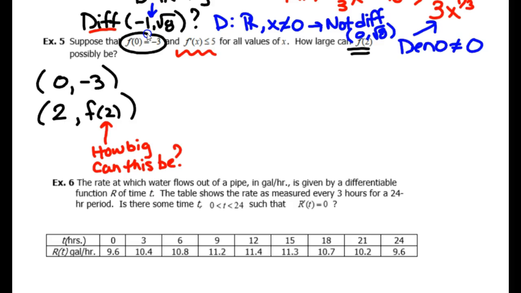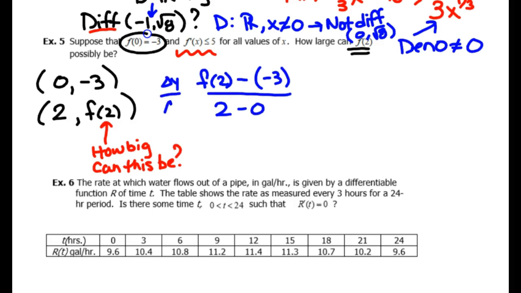So if I look here and I take my secant slope, f of 2 minus -3, all over 2 minus 0. Remember, change in y over change in x. These are my y's. These are my x's. I say that that right there has to always be less than or equal to 5 because that says that my slope is never more than 5.